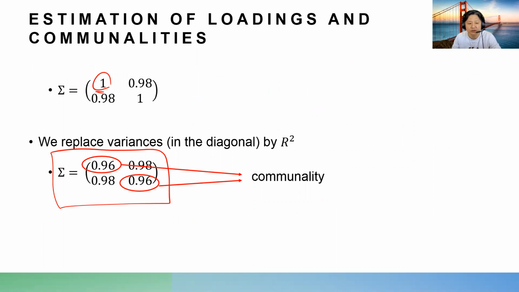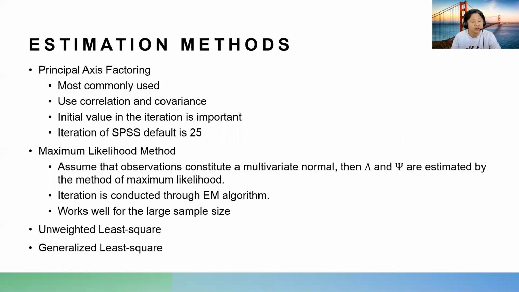Principal axis factoring (PAF) and maximum likelihood estimation are the two most commonly used methods. Principal axis factoring uses the correlation or covariance matrix, and initial values and iteration are important.